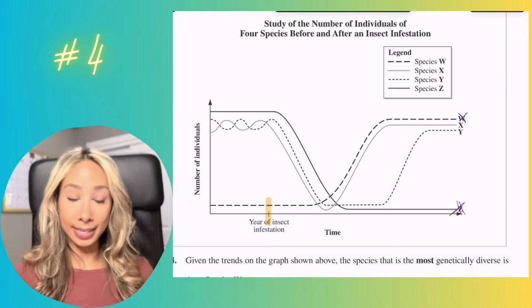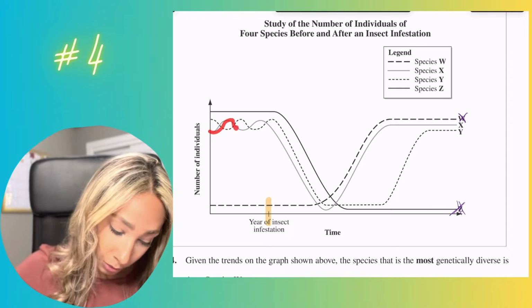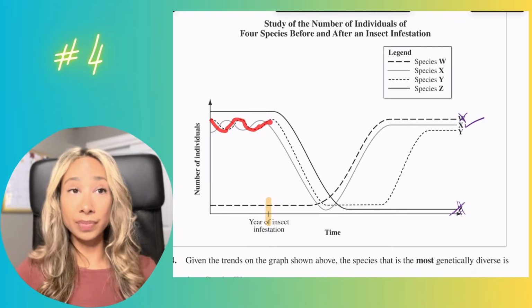Let's look at species X. Species X, we can see that they were doing actually quite well before the infestation. They had a plummet, which is normal, and then they continue to bounce back. So I am liking this as an option. That's a really good one. Let's double check why before we make our decision. With species Y, what happens is they too were also doing quite well before the infestation.